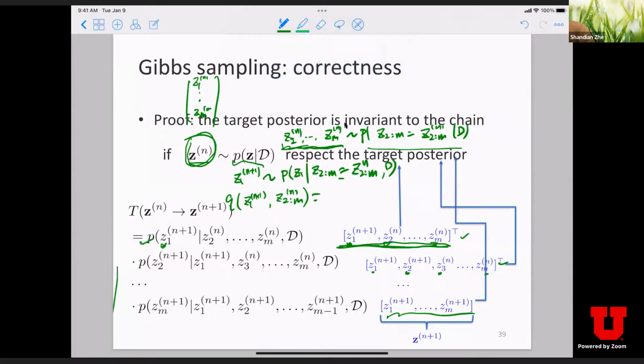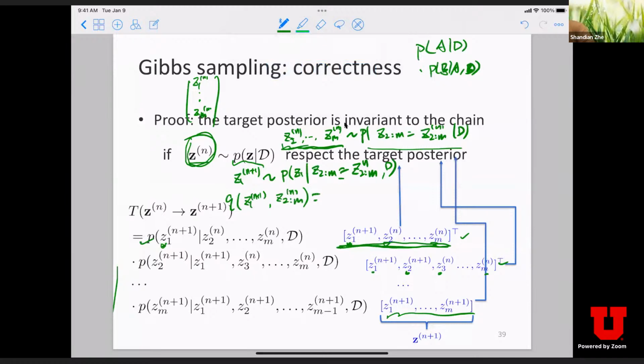This is like asking, what is the multiplication of the conditional probability of A given D times the conditional probability of B given A and given D? What's that? Yeah, that's it.